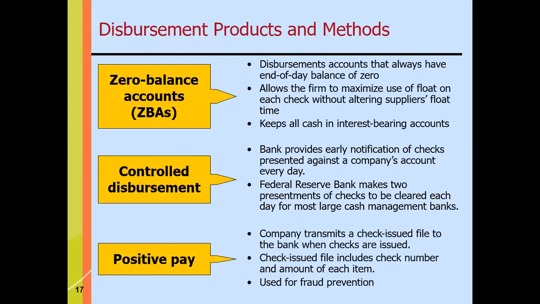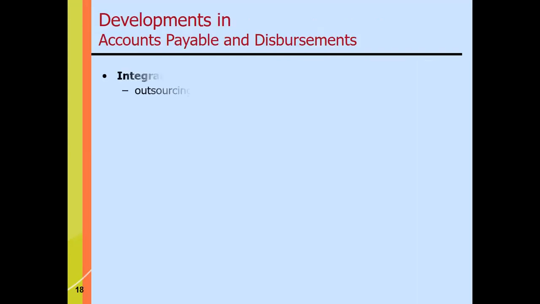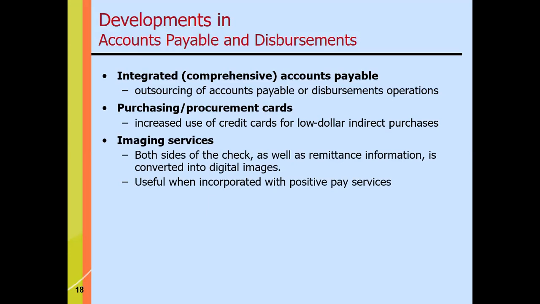Let me go back to that. So the file being shared, the check issued file containing the check number and the amount of each item, could be used also for the imaging services and also with the positive pay services. So it's like the combination already of the sharing of information online plus the check issued file containing the critical information. So imaging is basically the conversion of the information into digital form.